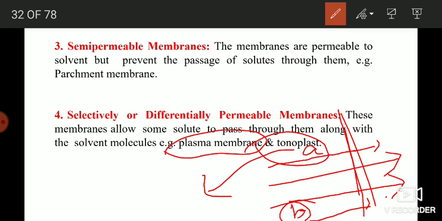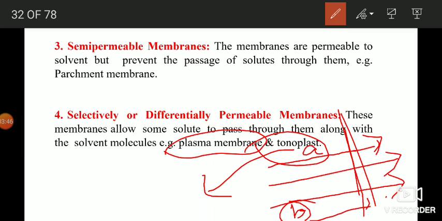They also allow the free movement of solvent molecules. Simply, selectively or differentially permeable membranes are those which, in addition to allowing the movement of water and solvent molecules, also allow some selected solutes to pass through them.